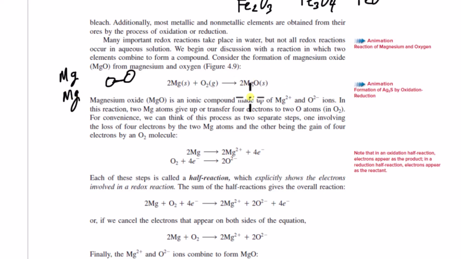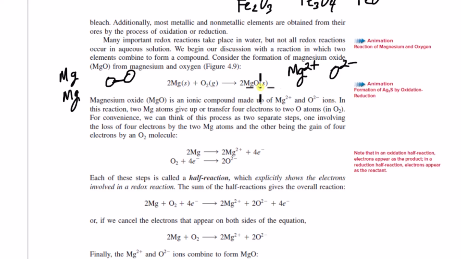Now on the right side, we've got 2 units of magnesium oxide. But we know what magnesium oxide is. It's an ionic compound made up of bonds between magnesium 2+ cations and O2- anions.